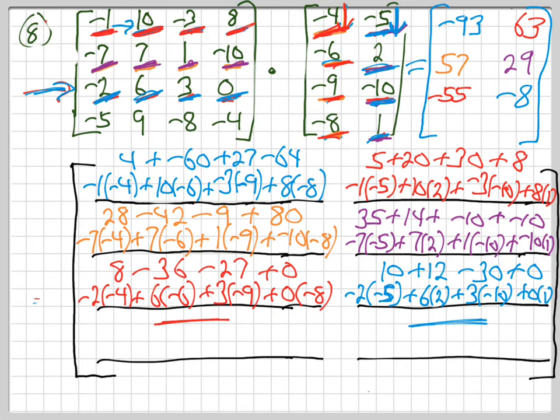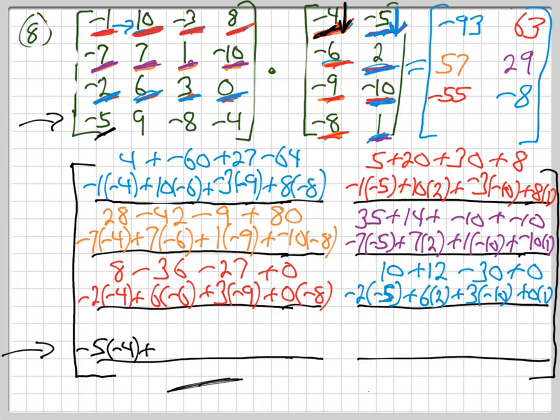One more row, bottom row. So to the bottom row we go. I'm doing the left side of the bottom. So start here on the left. So negative 5 times negative 4. Plus, jump to the right, jump down always. 9 times minus 6.